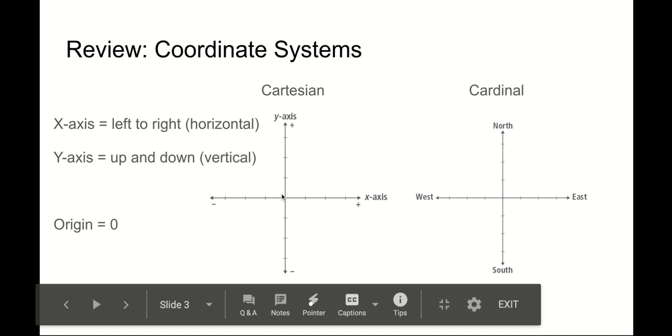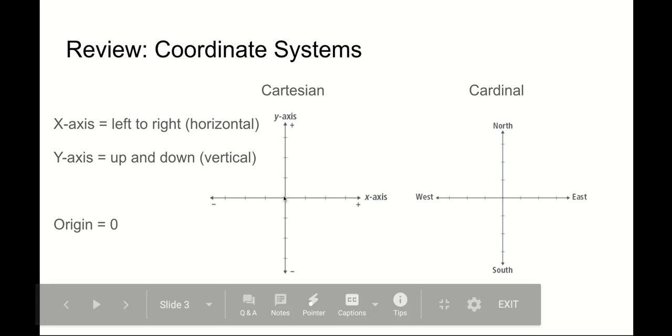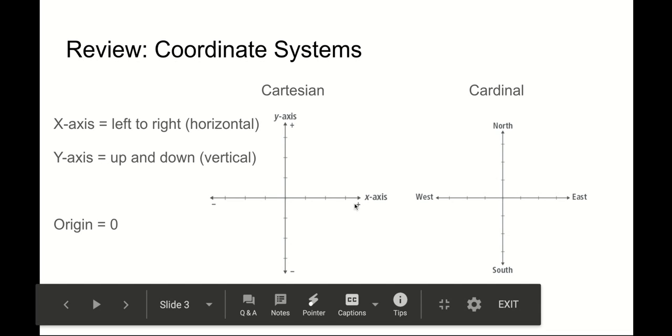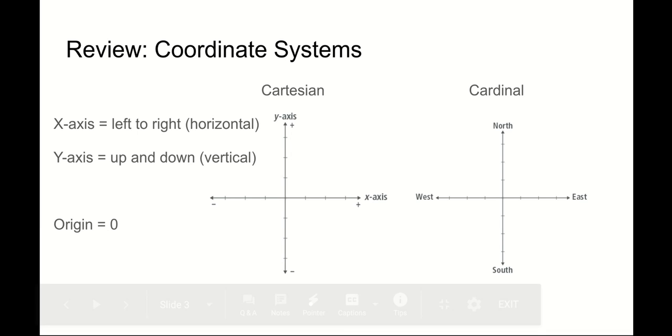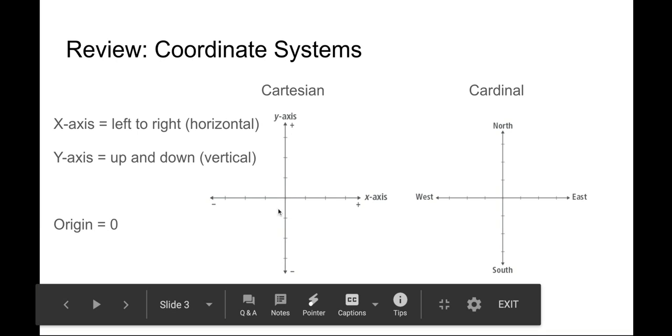At the middle of this coordinate system, we have the origin, which is 0. If we go to the right or up from 0, it is in the positive direction. And if we go left or down from 0, then it is in the negative direction.